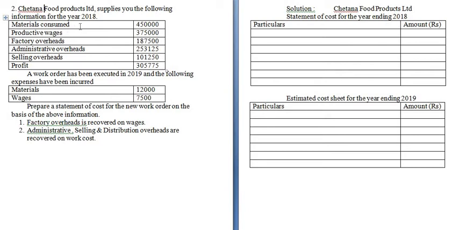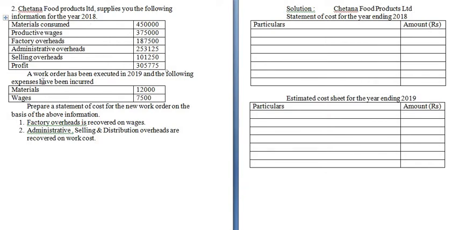Materials consumed 4,50,000, productive wages 3,75,000, factory overheads 1,87,500, administrative overheads 2,53,125, selling overheads 1,01,250, then profit 3,05,775. So this information relates to the year 2018.